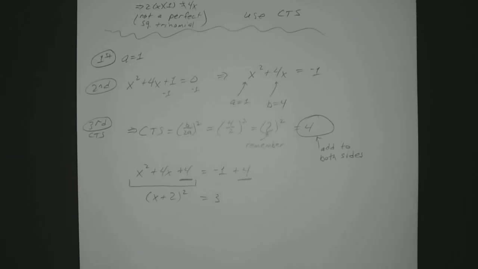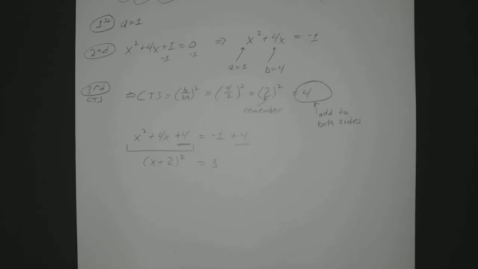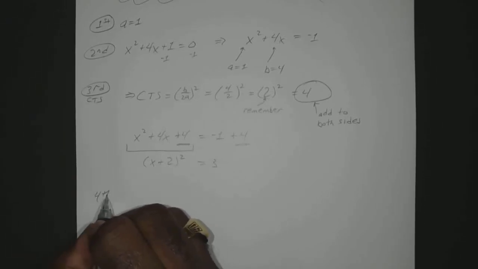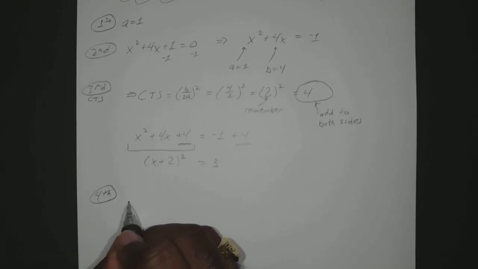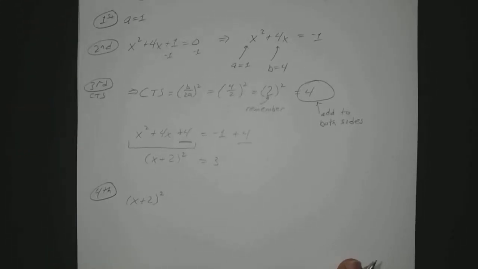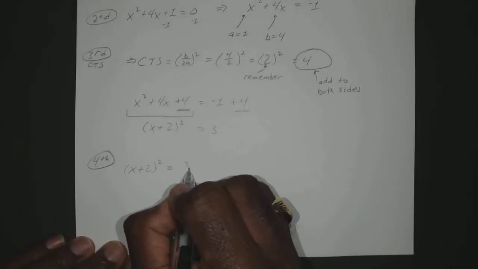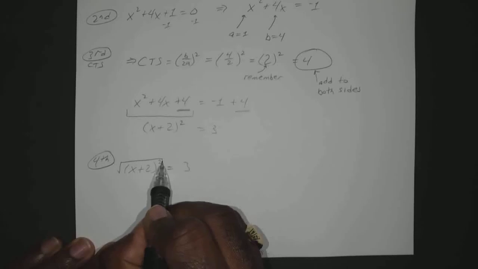Now we solve that using the square root property. So our x plus 2 squared equals 3. We go ahead and square root both sides.